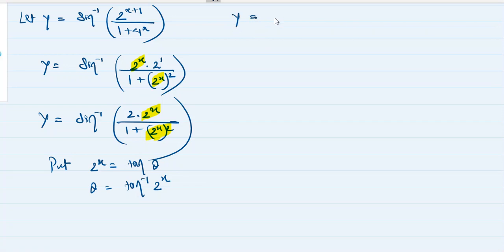So y is equal to sine inverse of 2 multiplied by tan theta the whole upon 1 plus tan square theta. Okay, so what is 2 tan theta upon 1 plus tan square theta? It is sine 2 theta.